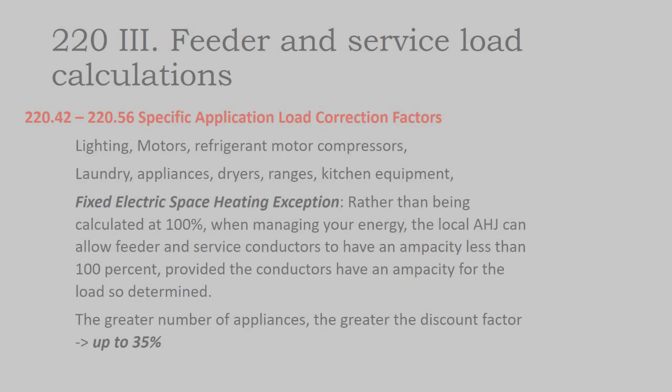But with buildings, if everyone's running their air conditioning at the same time, you might get into a whole complex or even a utility distribution circuit experiencing some overloading and having the main breaker switch when too many discount factors are applied.